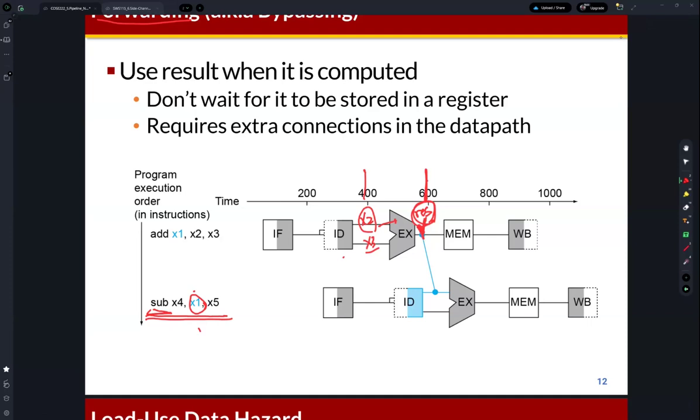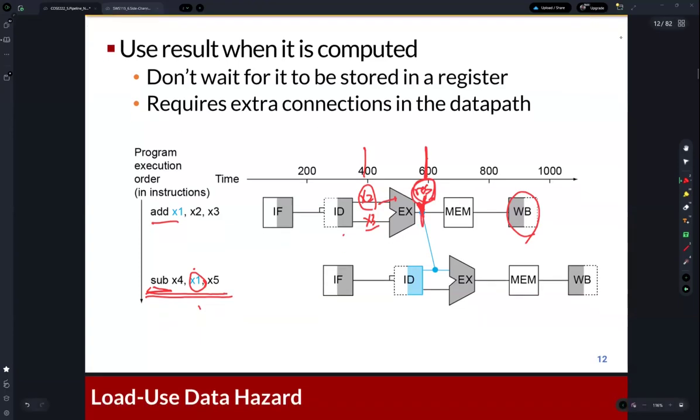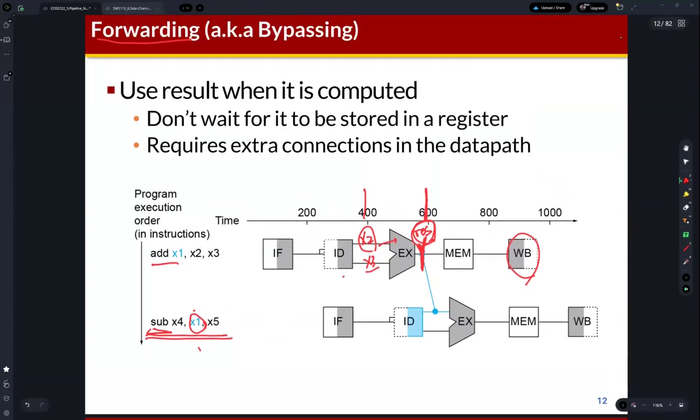Which means before writing the result to the register file, this processor already has the result of the add instruction. When? At this point, right? It's earlier than the write back stage. So what does that mean? This processor already has the result.